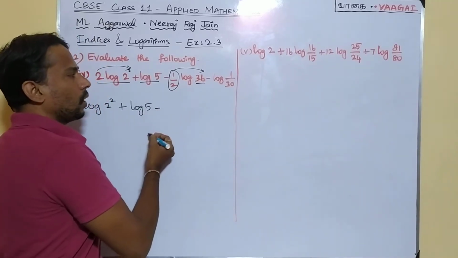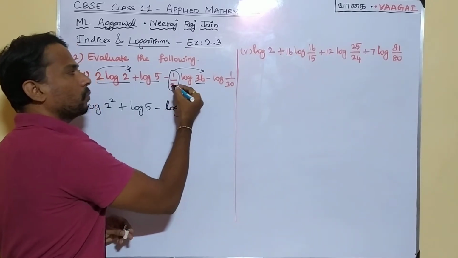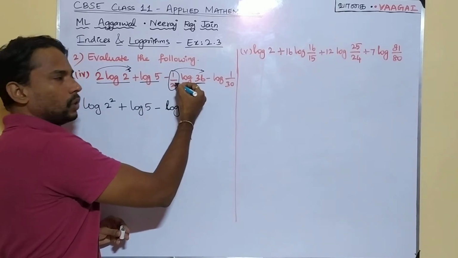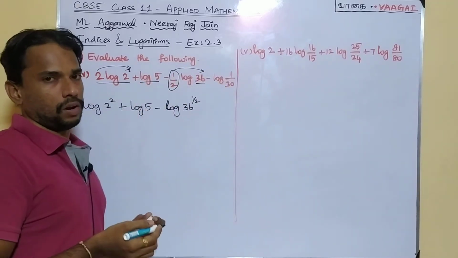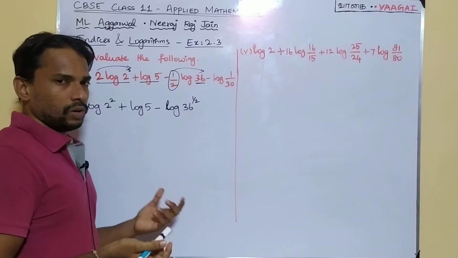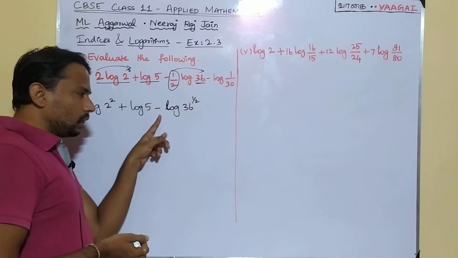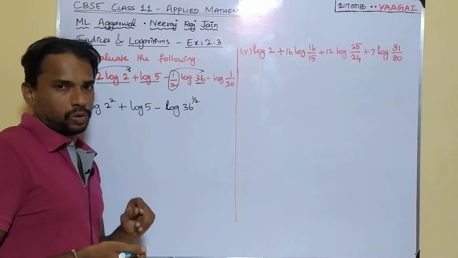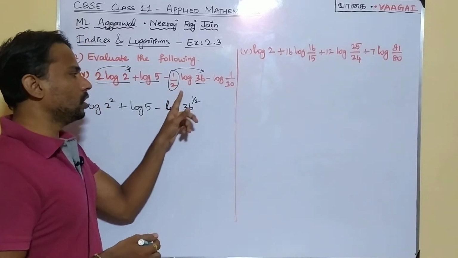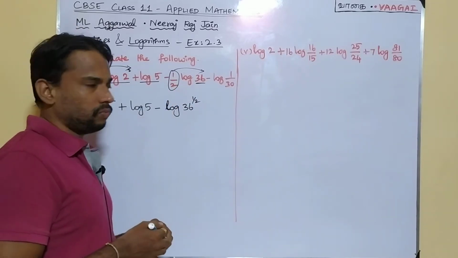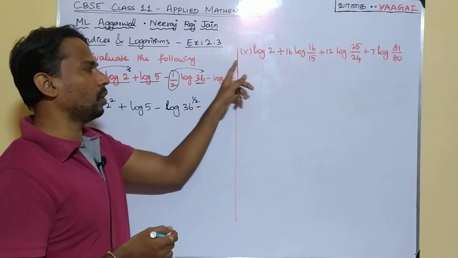So minus log of 36, taking this number 1 by 2 to the power, so that it becomes 36 power half. Now you can easily visualize this, right? When you use the power rule, this 1 by 2 will go to the front, leaving the same previous step. So that is what I'm doing in the opposite way. Very simple. So now this became log of 36 power half, minus, next, what do we have here? Here we have log of 1 by 30.